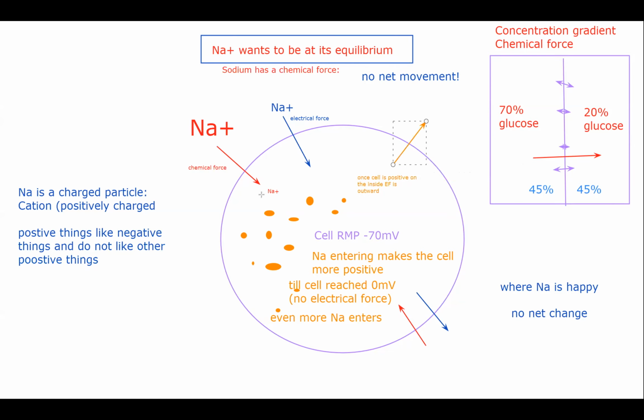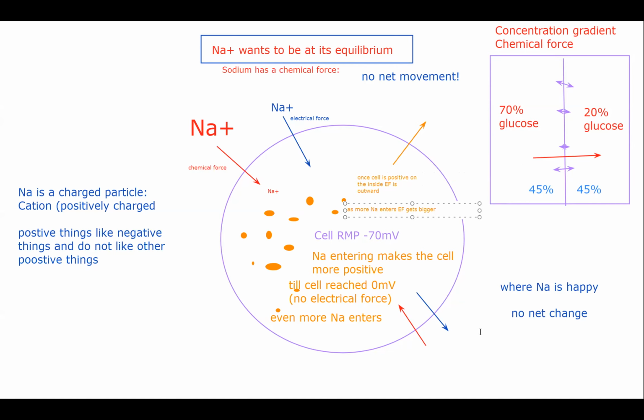We have our chemical force coming in, our electrical force going out. And notice also, as more sodium enters, the electrical force gets bigger until we reach a magical point.